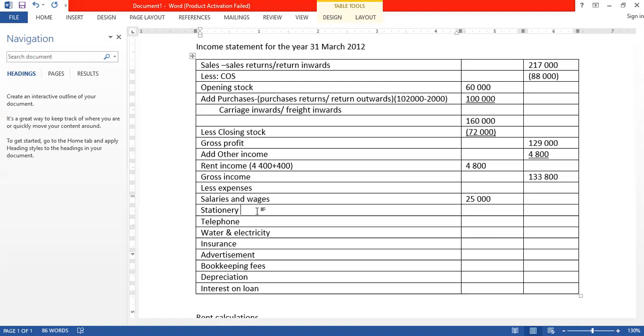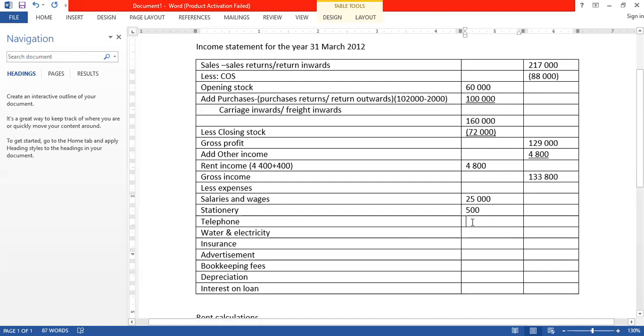So in this case, because we do not have any transaction that affects our stationery, we record it as it is given. How much is our stationery amount? 500. So our stationery is 500. And then we move on.